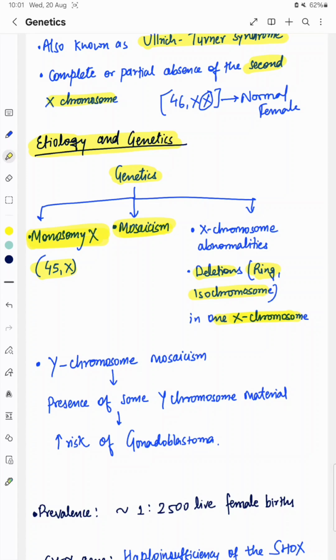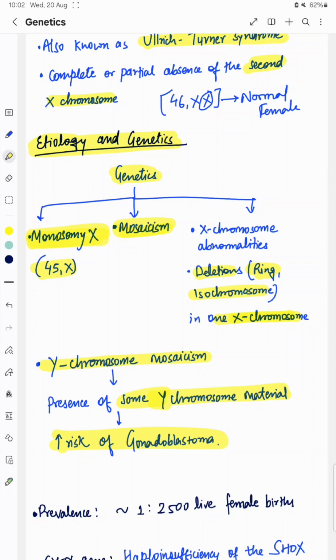Another genetic form, which is very rare, is Y chromosome mosaicism: the presence of some Y chromosome material, not a whole Y chromosome, and this condition particularly carries a higher risk of gonadoblastoma development.